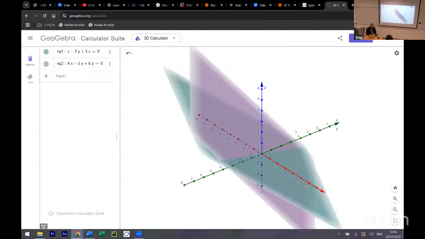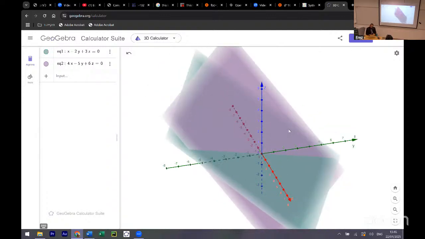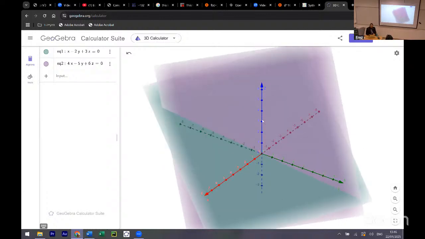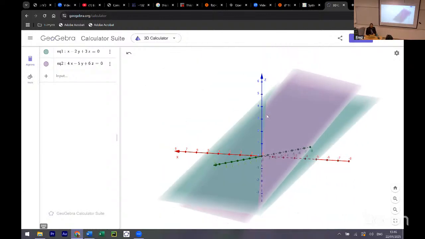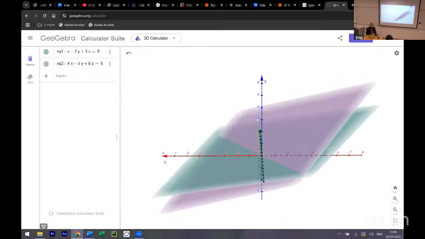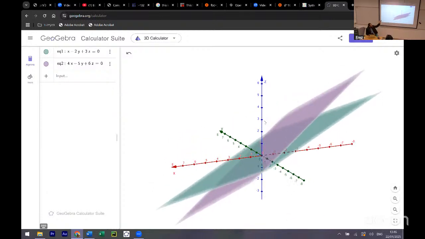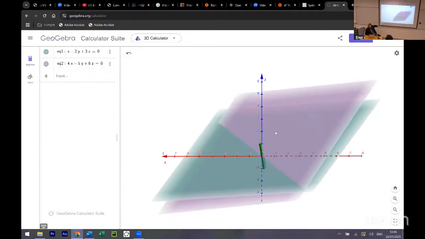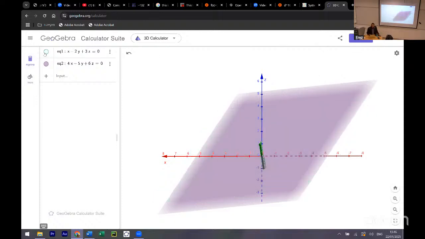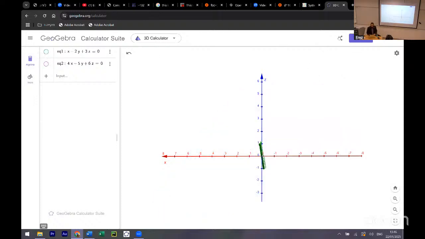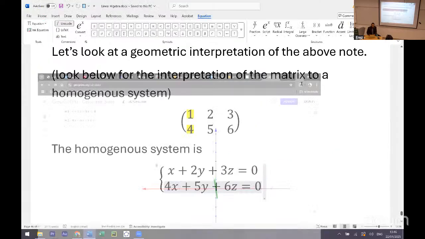So the linear system of equations represents this geometric shape, and the solution is the intersection line of the two planes. Agreed? Now I'll cover these two up, but first of all, I'll copy the picture.